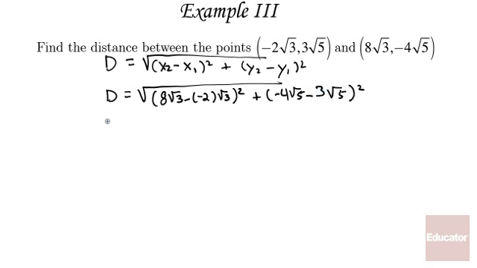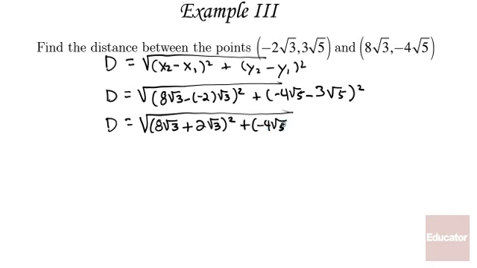This entire expression is squared. Taking care of some of these negative signs makes things simpler. So negative times a negative here gives me a positive. So this is plus 2 radical 3, expression squared. Here, I still have a negative sign. I just have a negative, so that remains negative.